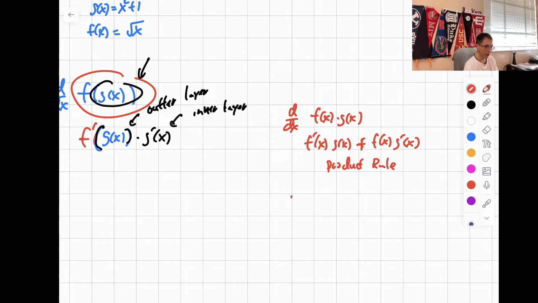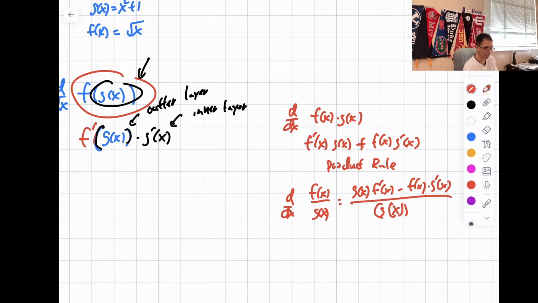Okay. Also, I can take a derivative of low d high, high d low. This is what we learned before. I'm just writing it down for you, what kind of rules we have already learned. So low d high minus high d low, and a lot of people on the test forgot the low. Okay, this is the quotient rule.